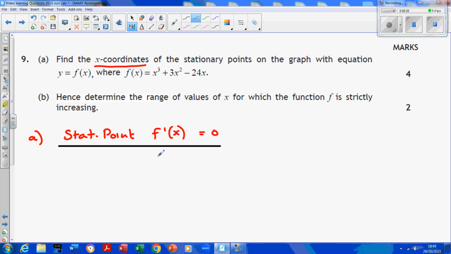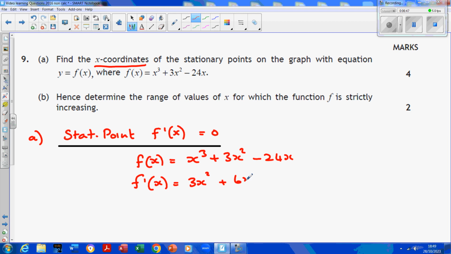I've chosen f(x), so I've got f(x) is equal to x cubed plus 3x squared minus 24x. I want to find f dash x, so the derivative: multiply by the power, take 1 away from the power. That is 3x squared plus 6x minus 24. So that's got to be equal to 0.